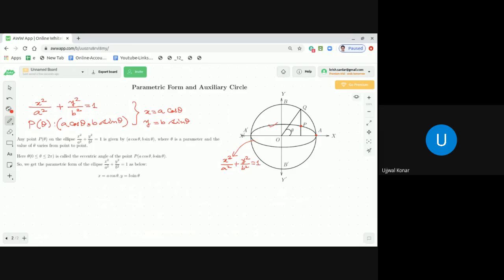Here theta, which is varying from 0 to 2 pi, is called the eccentric angle of the point P.